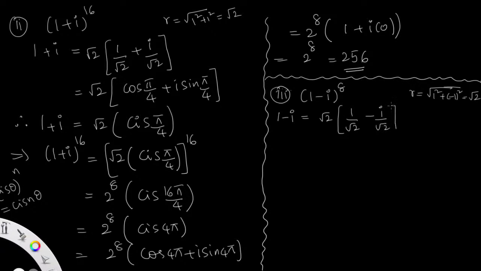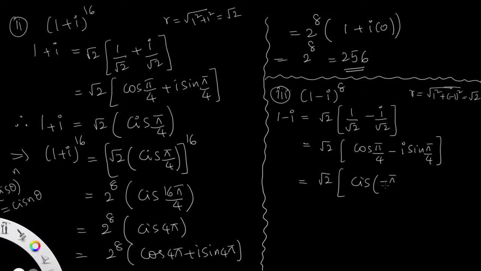Same, only the sign is different. Like the previous problem, root 2 into cos pi by 4 minus i sin pi by 4, that is root 2 into cis of minus pi by 4. The angle is minus, so write it as minus.